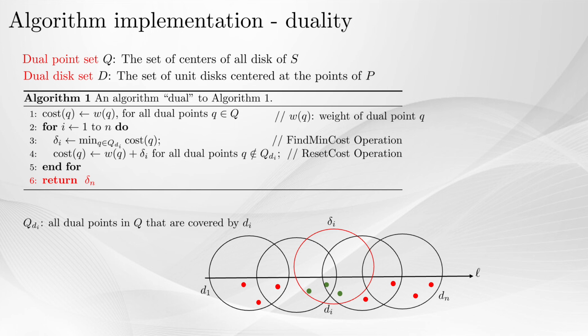Since all these disks are unit disks, we can transfer the algorithm from the original to dual, which shows the dual algorithm is also correct. The reason we want to use the duality is because instead of processing disks in batch, we can process dual points in batch more easily, by using the techniques and tools in the later part.